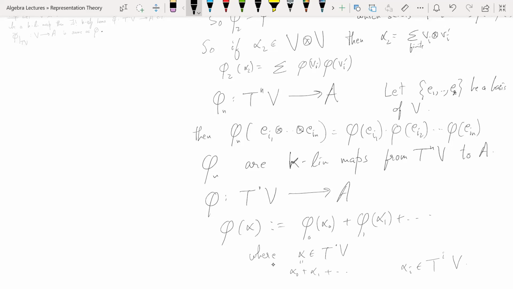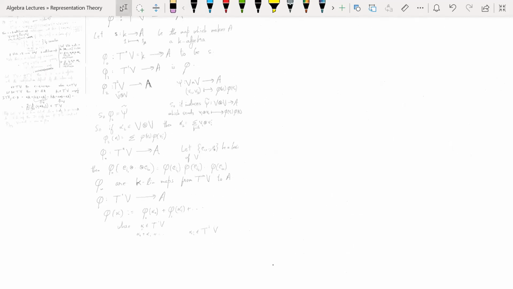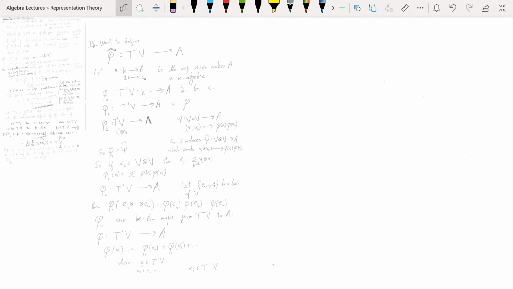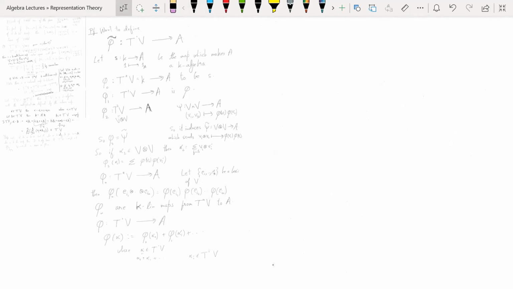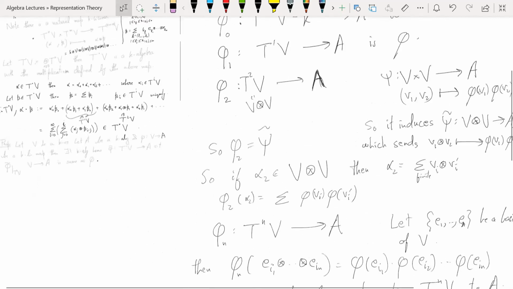Then finally, one has to check that this is a K-algebra homomorphism. By definition, we know that phi tilde restricted to T1V is phi.